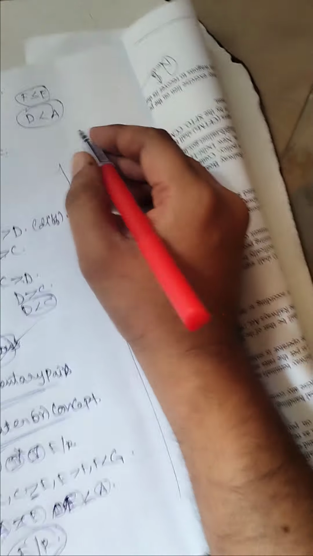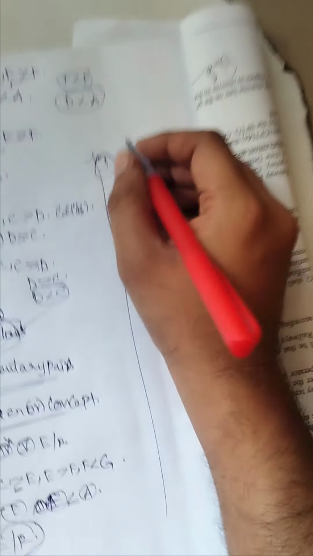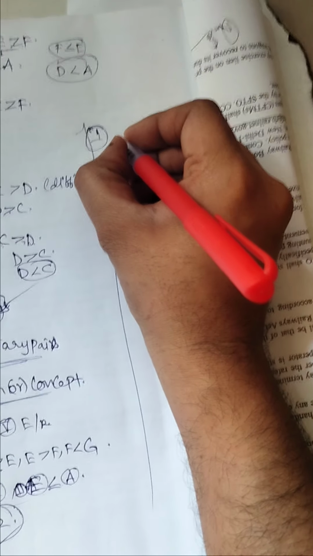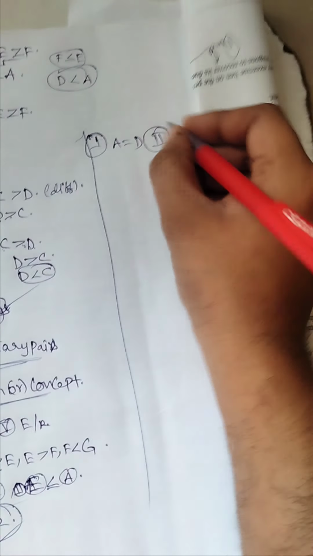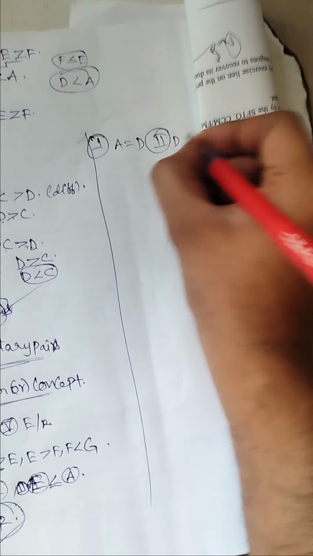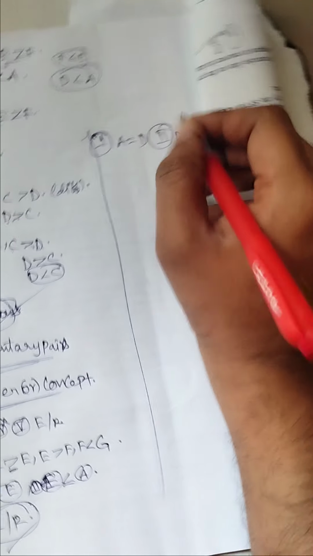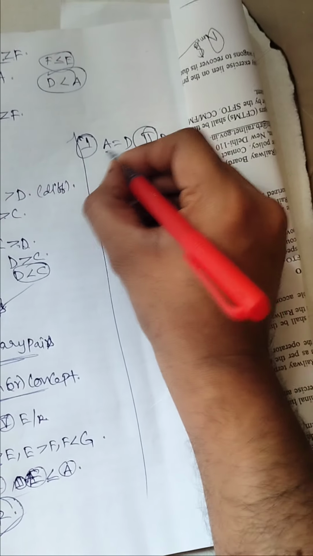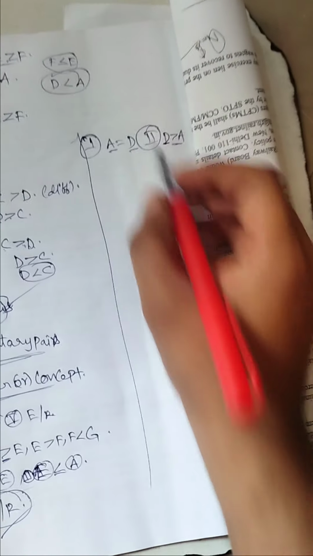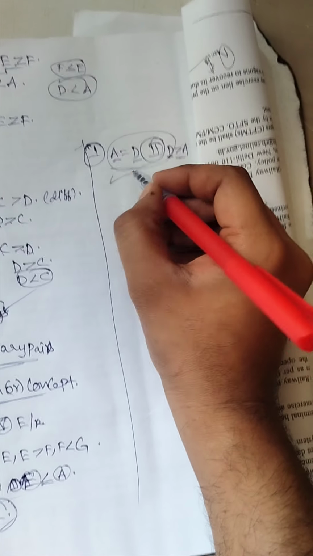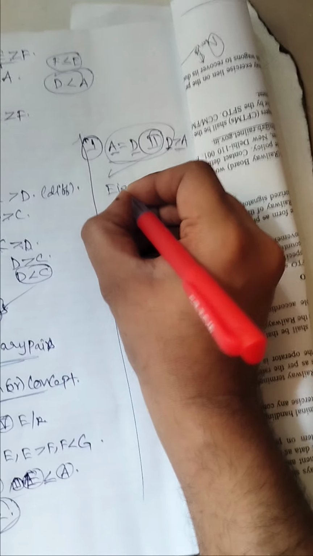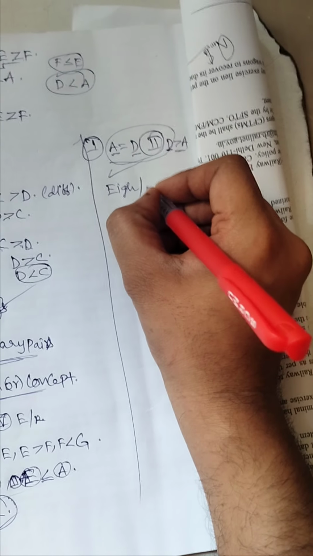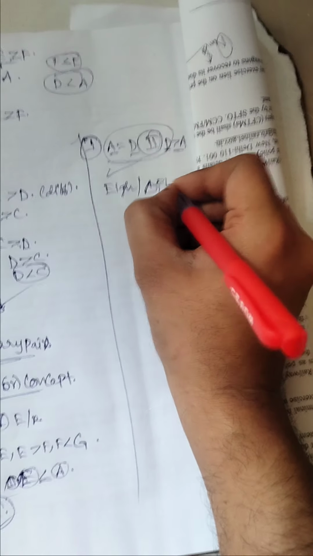Suppose in statement 1 it is shown as A equal to D, in 2 D then A, D A. If you find anything like this, blindly mark the either or option.